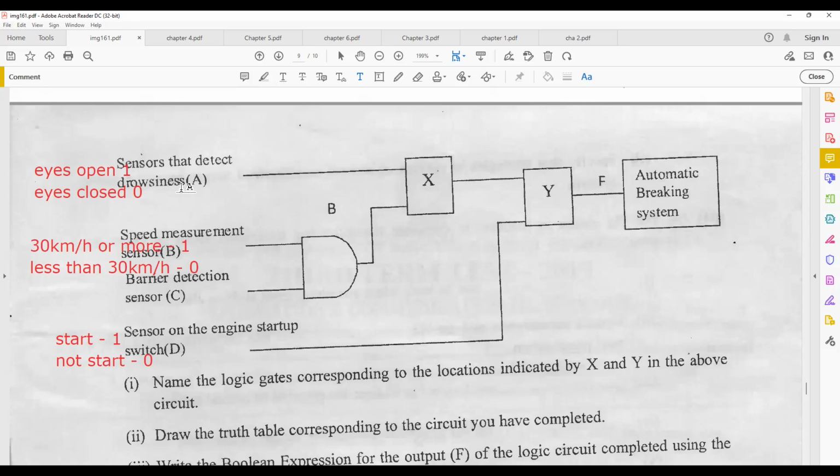Drowsiness, so eyes open, no drowsiness. And then this is drowsiness. So what should happen? X and Y?